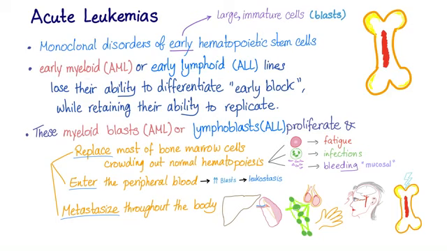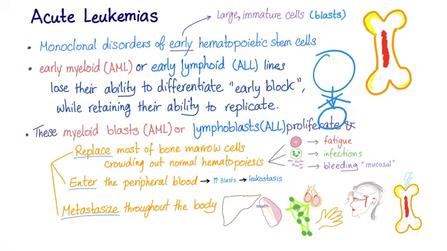Early myeloid cells, in cases of AML, or early lymphoids such as ALL, lose their ability to differentiate while retaining their ability to replicate. This is a great sentence. These blasts lose their ability to differentiate, so now they cannot go into cytes. They cannot mature.